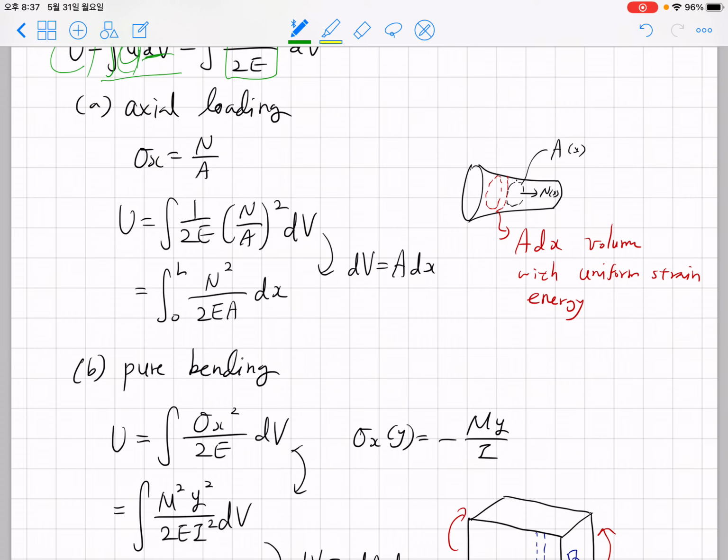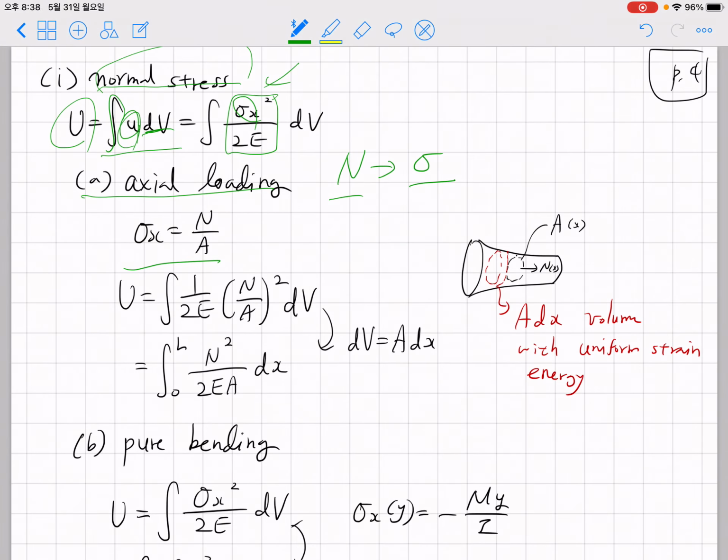Let's first consider axial loading, which gives us this relationship for normal stress out of a force. Sigma x can be written as N over A for this problem. If you plug in N over A in the place of sigma x, you end up with this relationship.